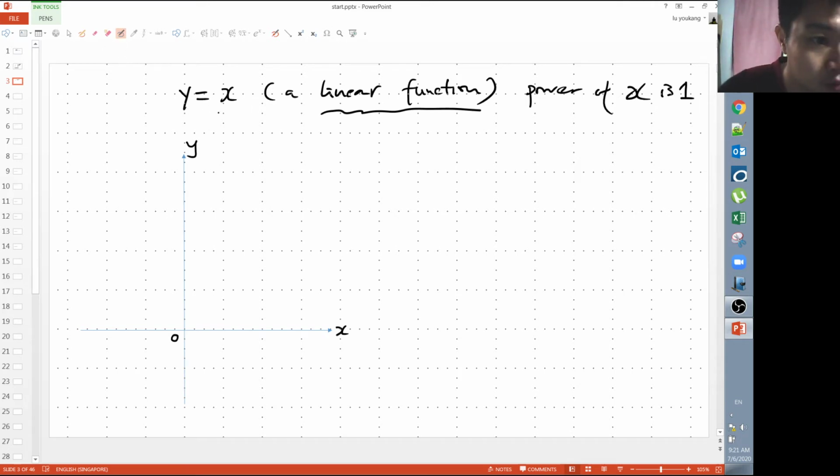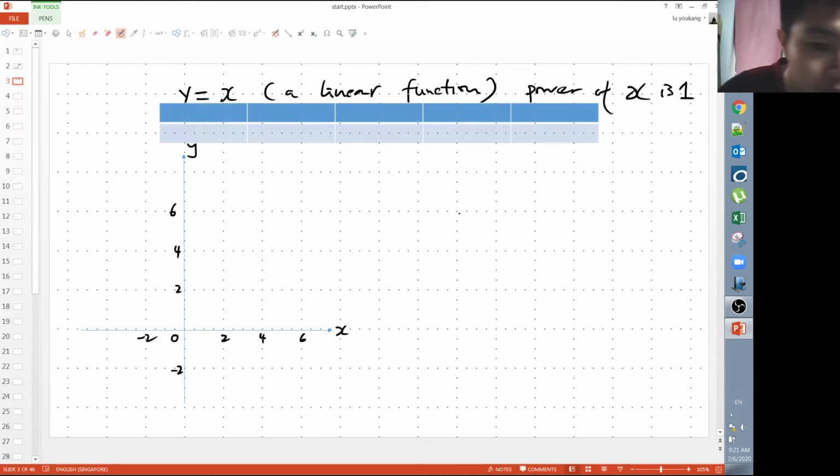Before we move on, let's label the x and y axis first. Alright, so now over here, you can actually test it with a table. So let me get this table out.